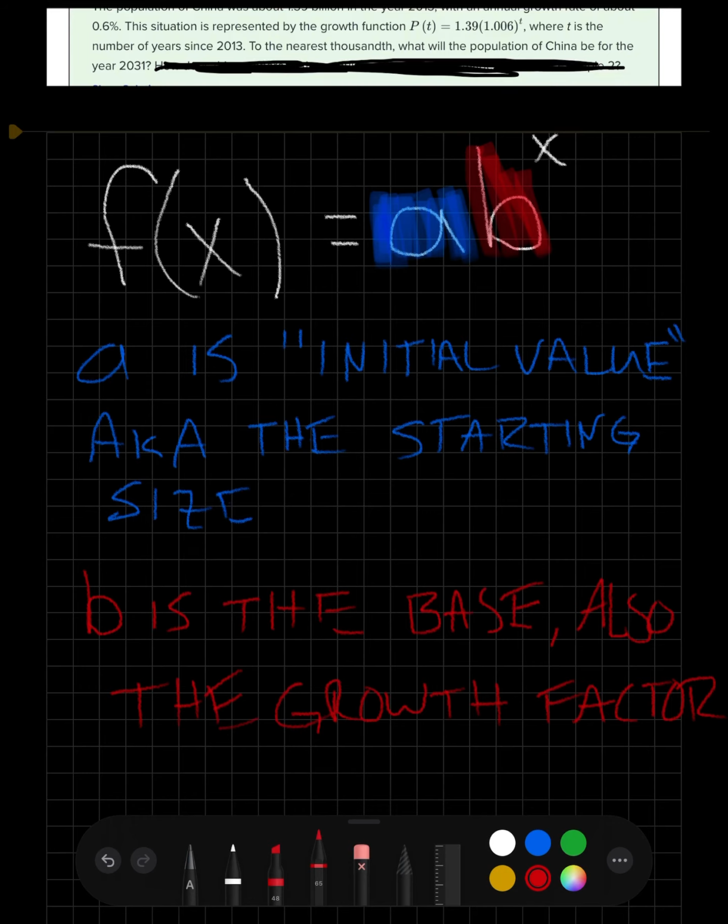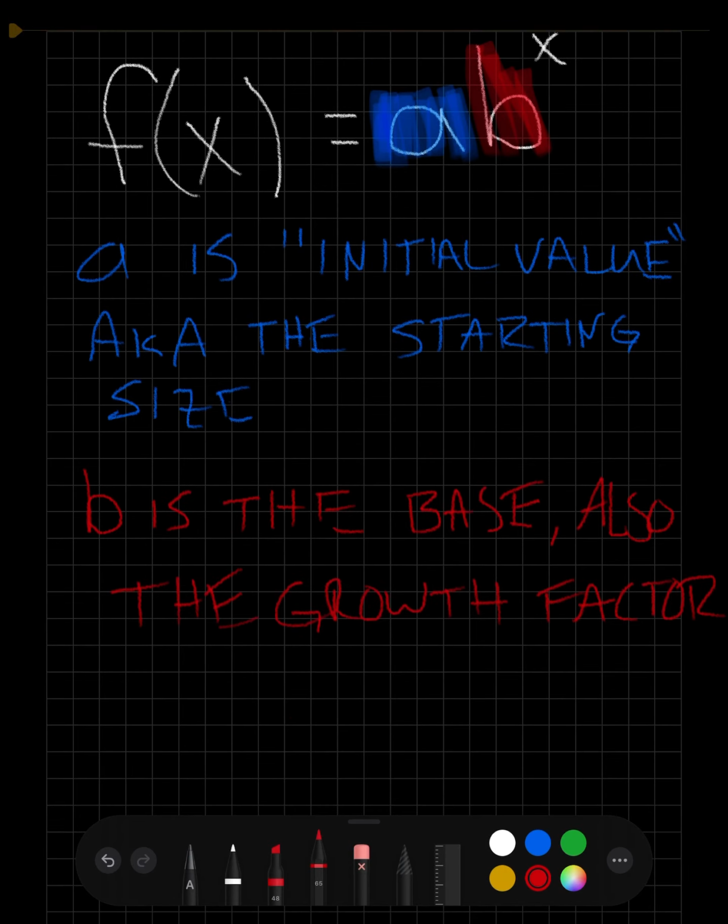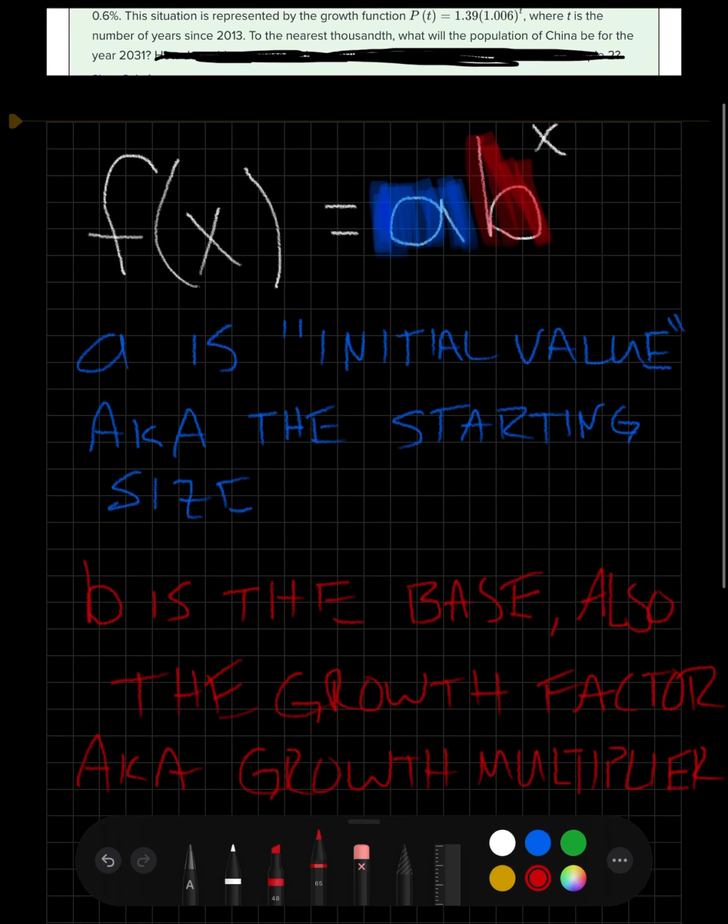It's called the growth factor, sometimes also called the growth multiplier. It's how much your function is growing by. And then x is your variable. It's usually time.